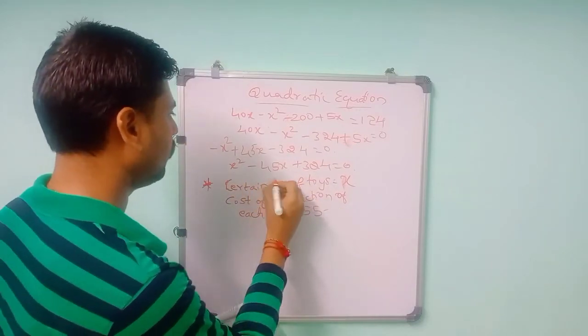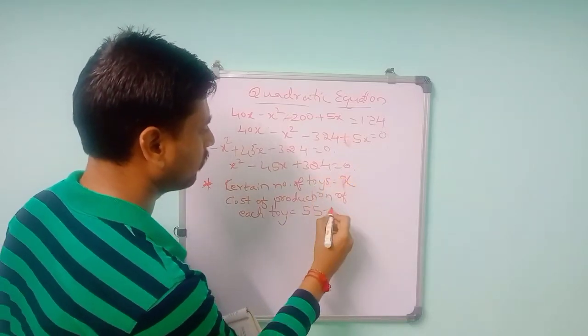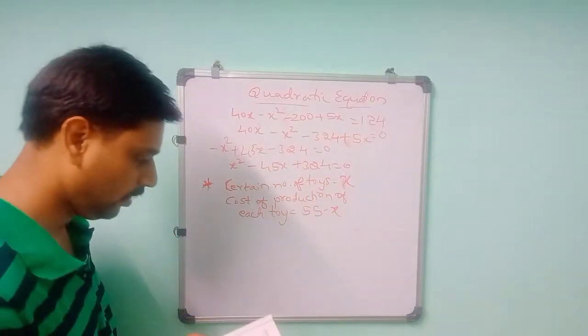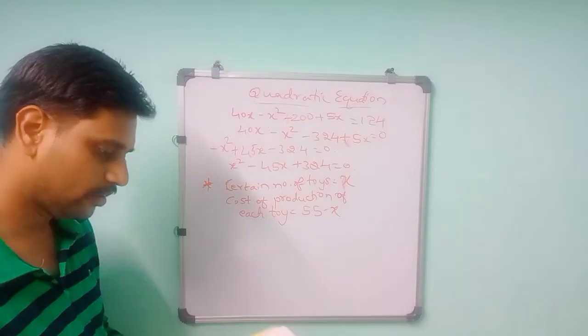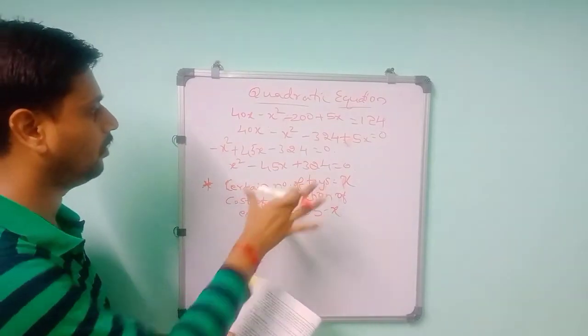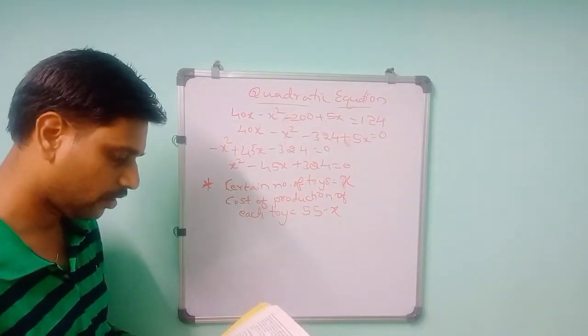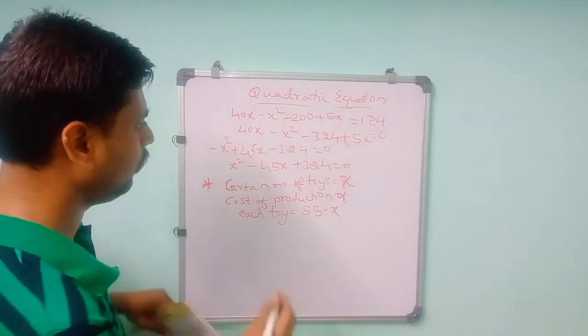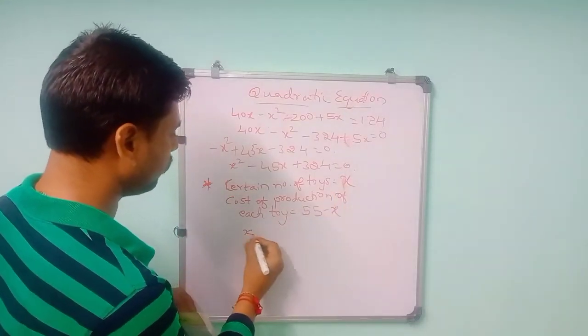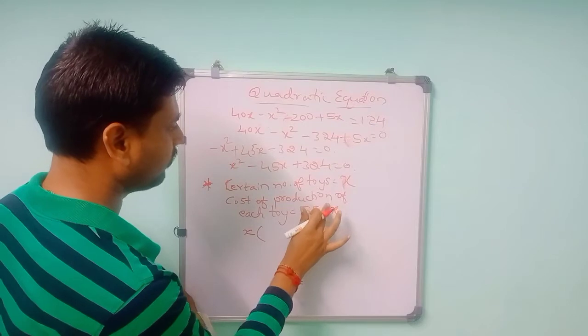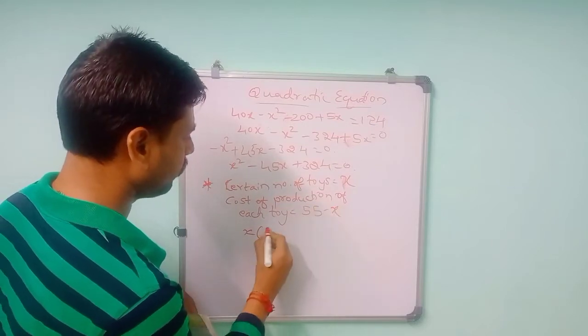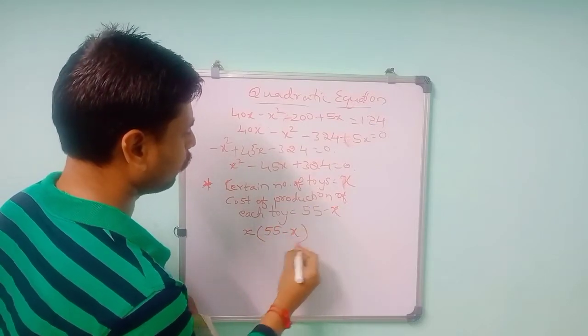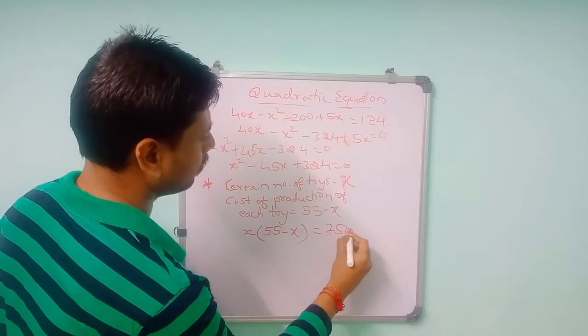The certain number of toys produced is x, so it is 55 minus x. Then they have given the total value that on a particular day, the cost of production was 750. So x into 55 minus x, and the total cost of production is 750.